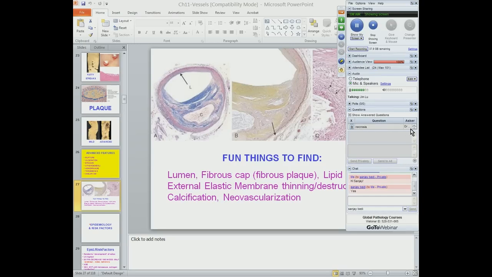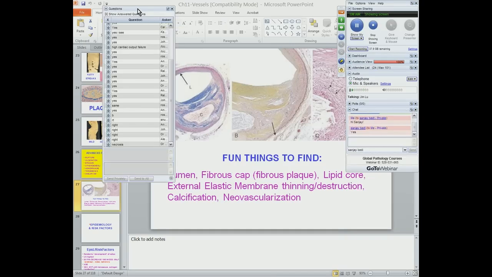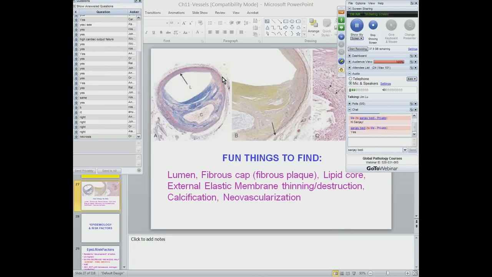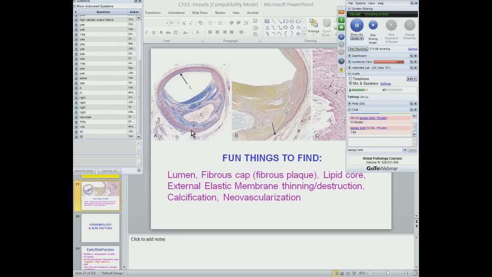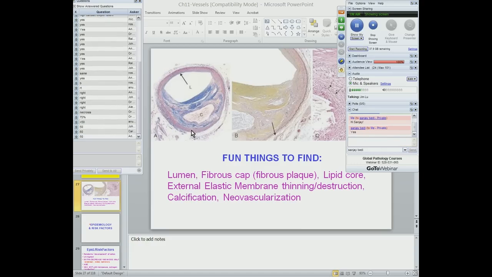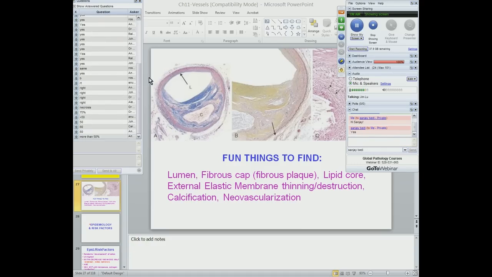What percentage of the normal lumen of this artery is stenotic, or reduced by this big plaque? Okay, I'm seeing things ranging from 50 to 75, and I probably would have said 60 myself, and actually a couple people did say 60. So you got the general idea.